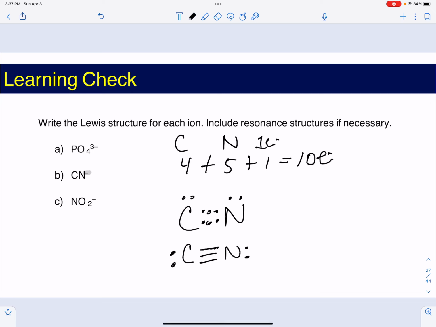So there are 8 electrons in there, and there are 8 electrons in there. So with only 10 electrons, I was able to provide each element with 8 electrons, the octet rule. And it's an ion, so brackets, -1, and then we're going to do a resonance. The resonance is nothing more than moving electrons around. So what I'm going to do is leave this the way it is.